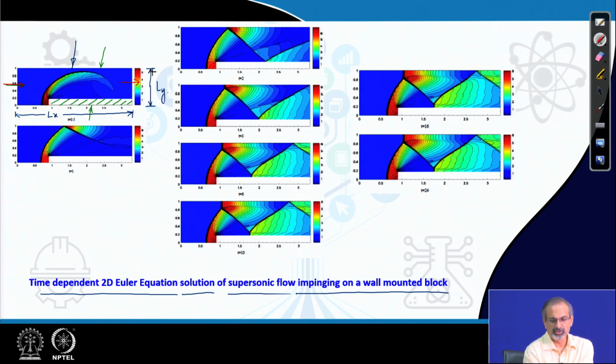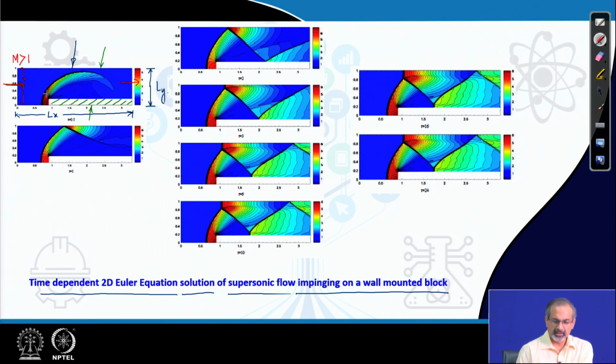This is the outflow portion, and you are having uniform flow prescribed here, which is supersonic, and then it is coming and impinging on this wall mounted block, and it forms a detached bow kind of shock, as you can see.